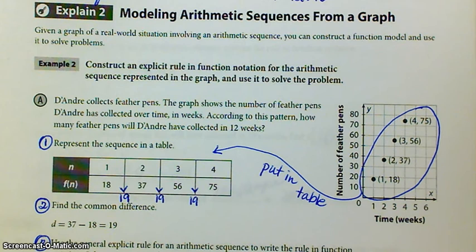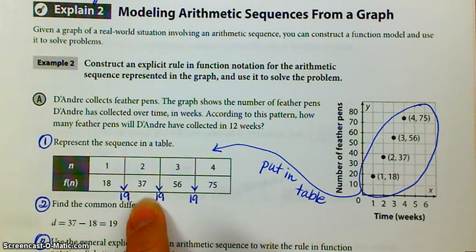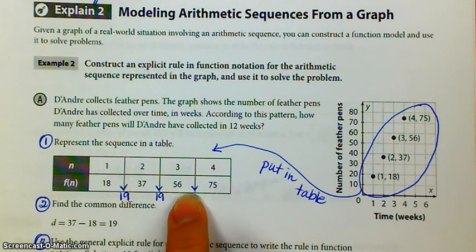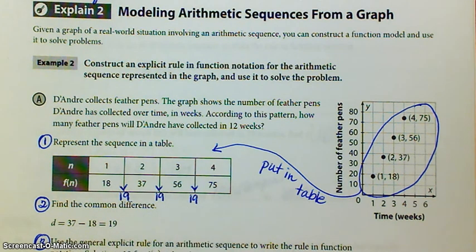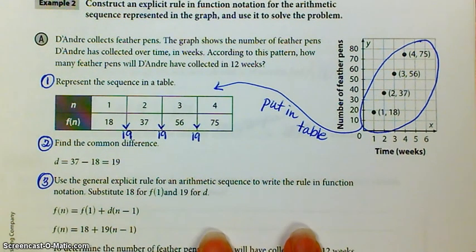So f of 15 is going to be 34,240 plus 57 times 14, because it's 15 minus 1. All right, 57 times 14 is 798, and then adding that to the 34,240, you get 35,038 miles.